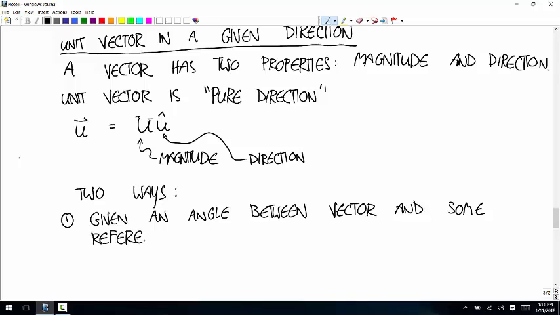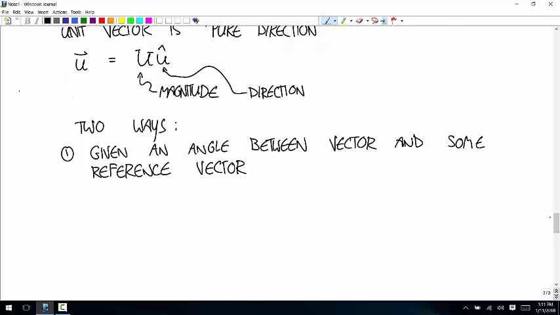I guess it would have to be a reference vector. This is only useful in 2D. I would never use this in 3D. It just gets more complicated than is necessary. So think of that as 2D only. And even in 2D, a lot of times it's useful to use the other approach.